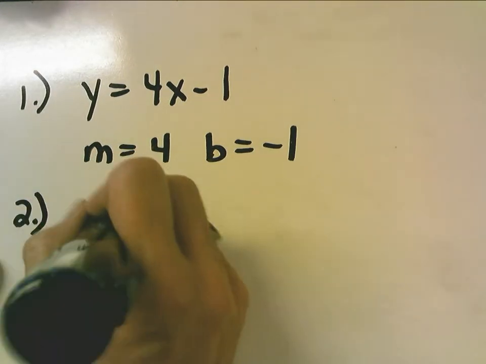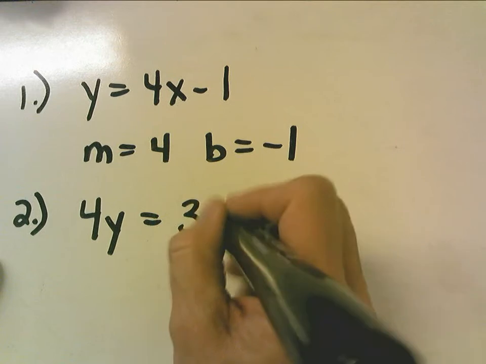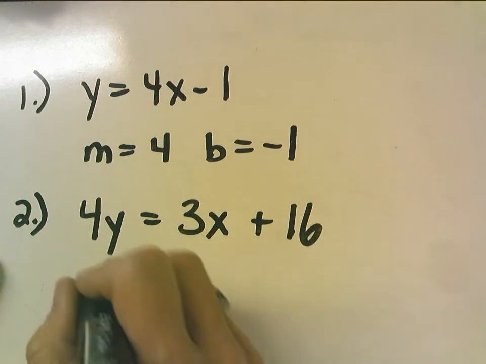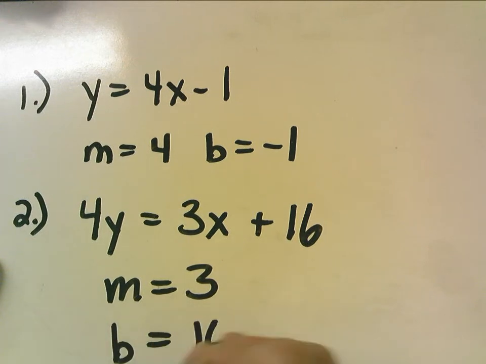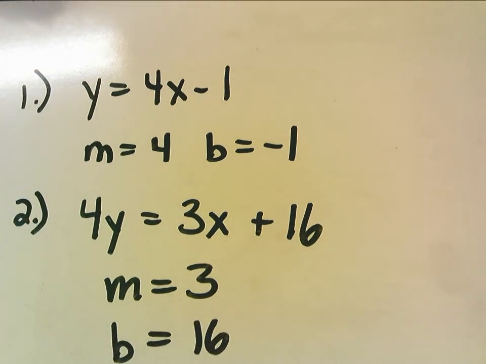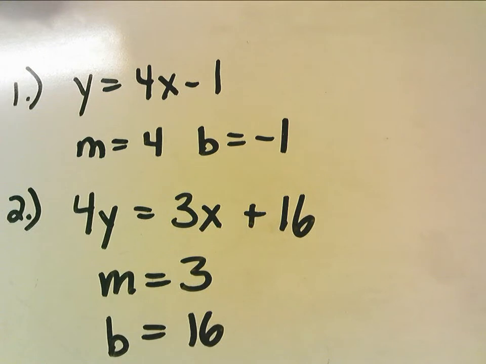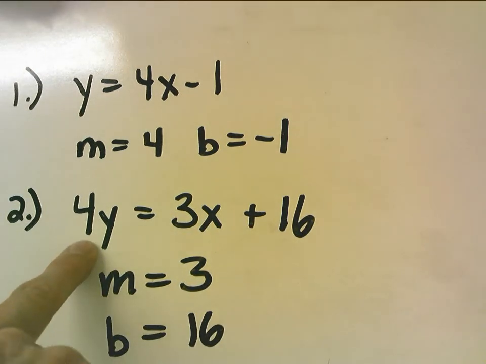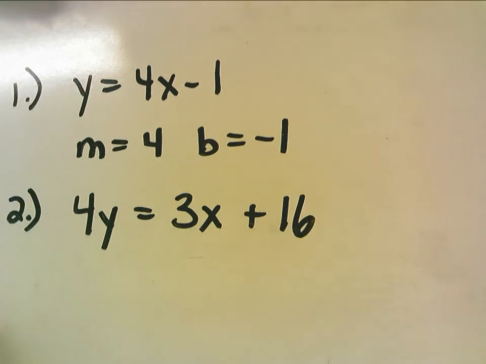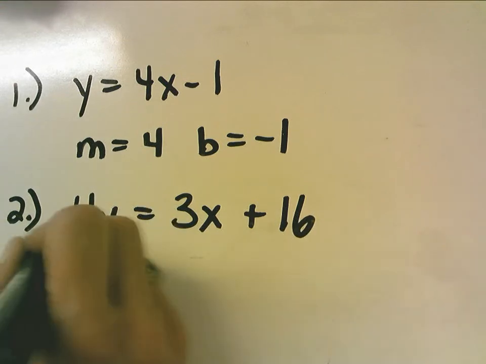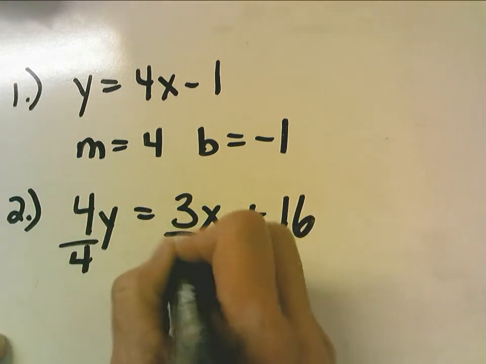But for number 2, it's very easy to make a mistake. How many of you might be tempted to say m equals 3, b equals 16? That would be wrong, because this is not in y equals mx plus b form, because it's 4y. So before you can identify the slope and the intercept, you must solve for y.